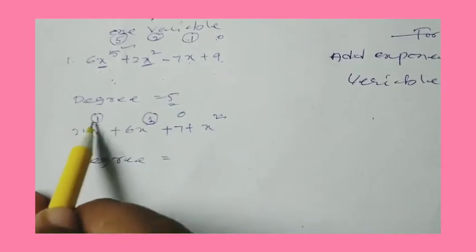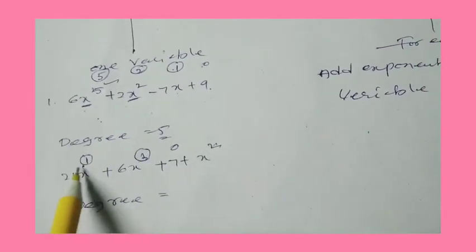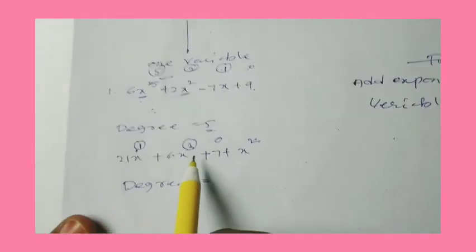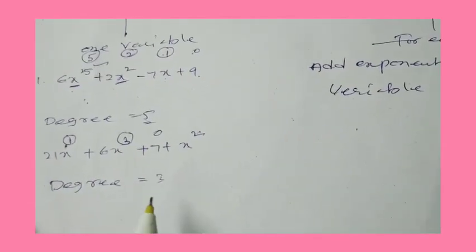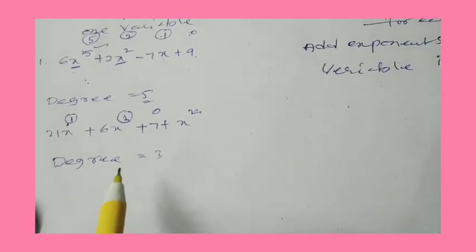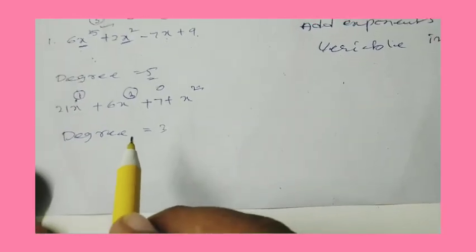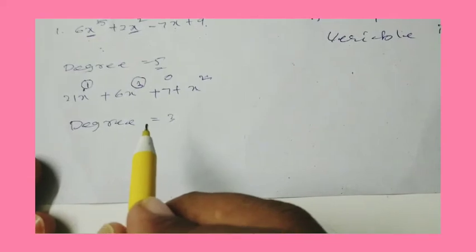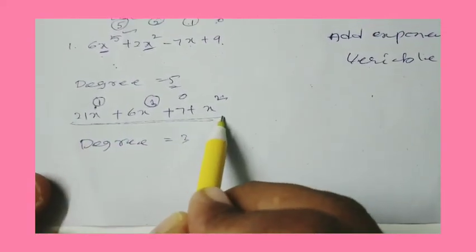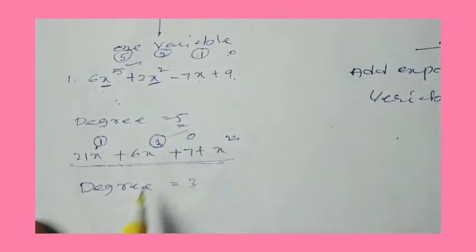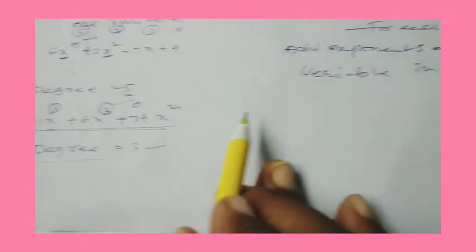Here 2 is there. 1, 3, 0, 2. Among these four values, what is the greatest value? 3. So 3 is the degree of this polynomial. The highest power of the variable in p of x is called the degree of the polynomial. So in this polynomial, the highest power of the variable is 3. That's why degree equals 3.